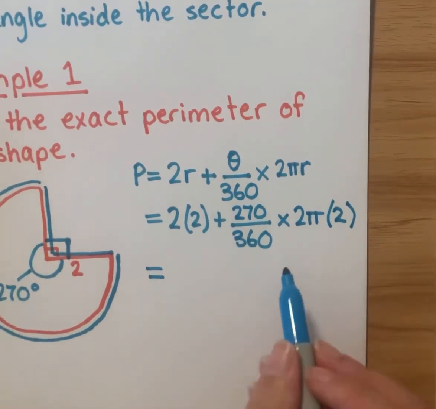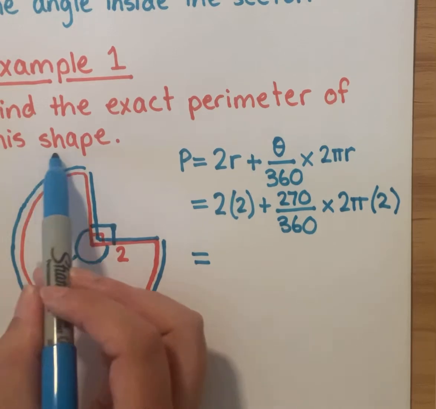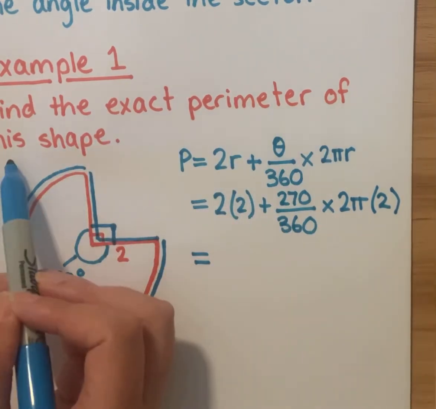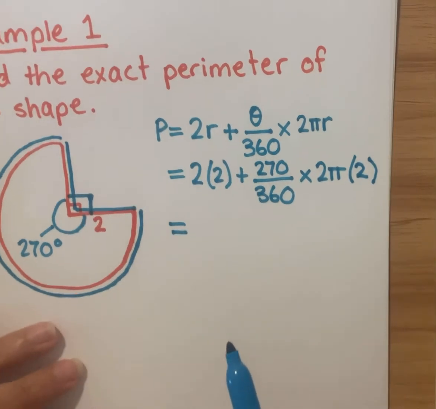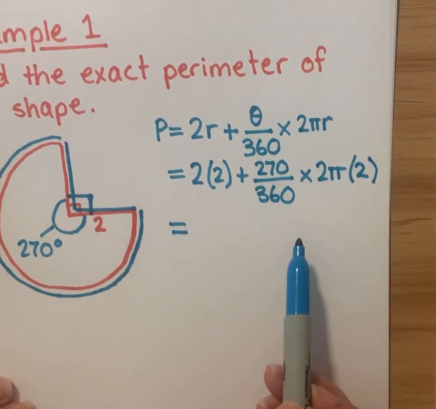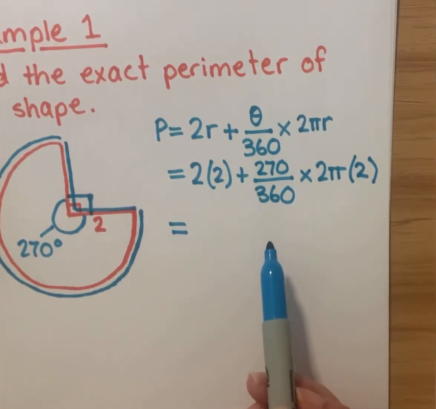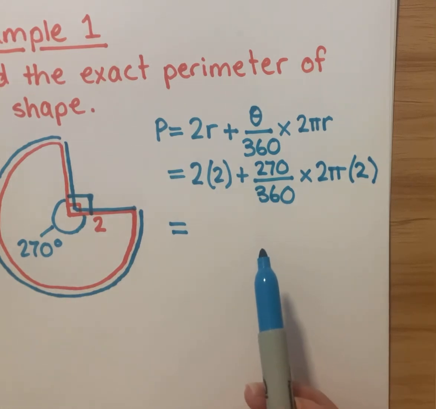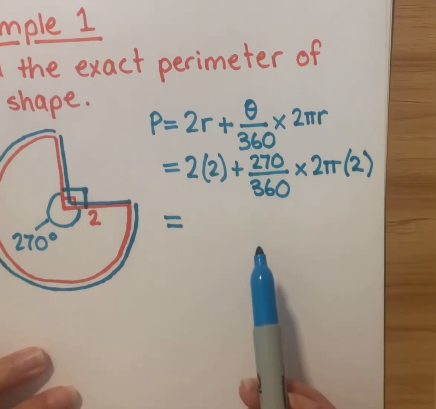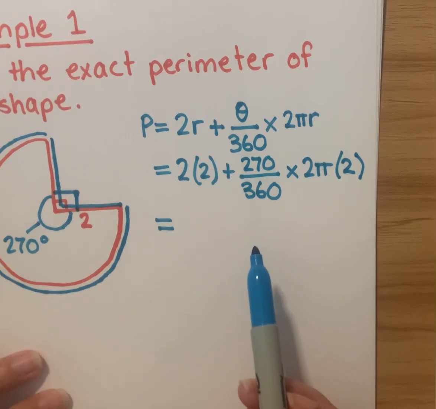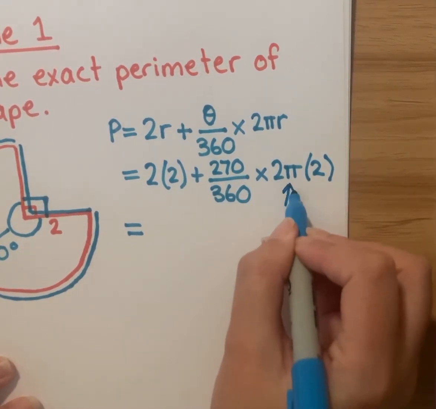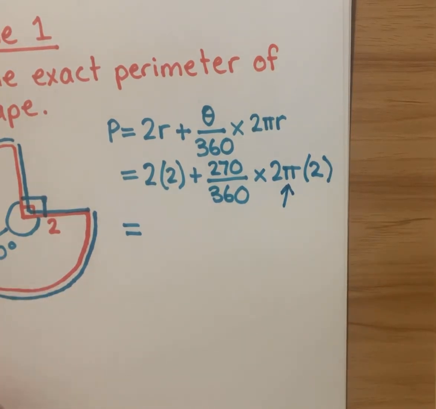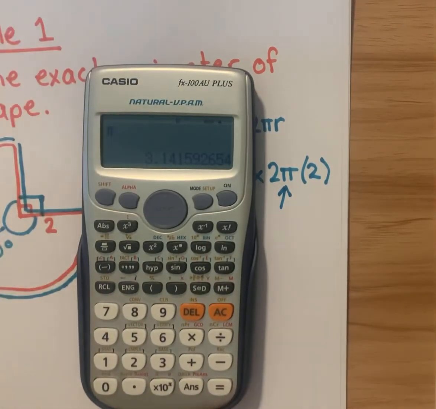So we have to be careful now because the question says find the exact perimeter of this shape. Now, an exact perimeter means that we don't want to be rounding off, okay? We want our solution to be exact, so we don't want to end up with a really long decimal as our answer. Now, we have been getting really long decimals for our other answers, and that's because of this guy here. If we look at pi, pi is this number, 3.14159, and it keeps going on.